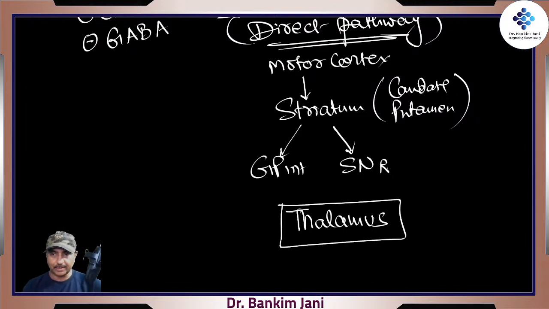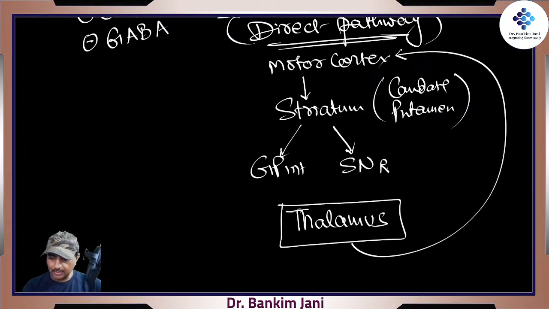This is the circuit, and then the thalamus will be acting on the motor cortex. Now what really happens is that both the GP internal and substantia nigra reticulata are always saying, don't work. When they are active, that means when they are releasing neurotransmitters, they are telling the thalamus not to work.